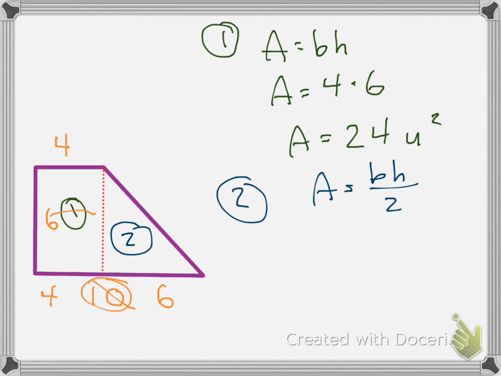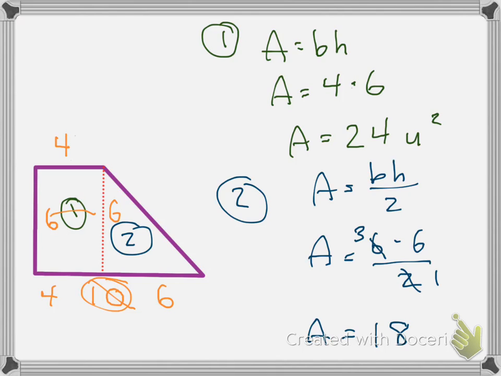So now I have a height of 6 right here and a base of 6. So I'm going to multiply those together. The base is 6, the height is also 6. Divide the whole thing by 2. This one I'm going to show you how I cross cancel. 2 goes into 6 and it goes into 2. So 6 divided by 2 is 3. 2 divided by 2 would be 1. 3 times 6 is 18.